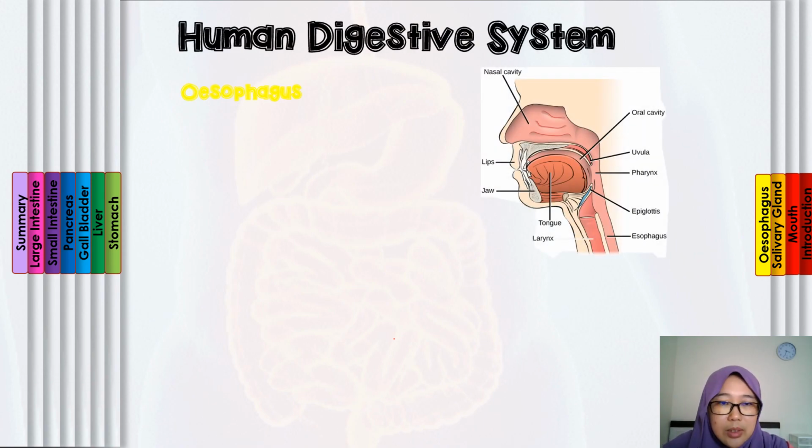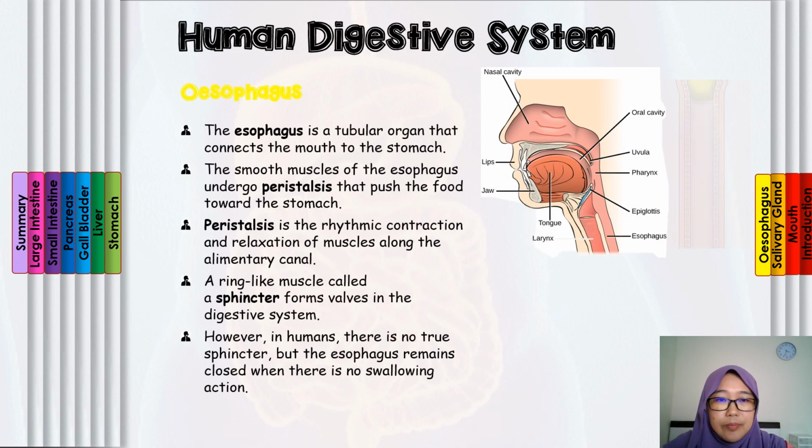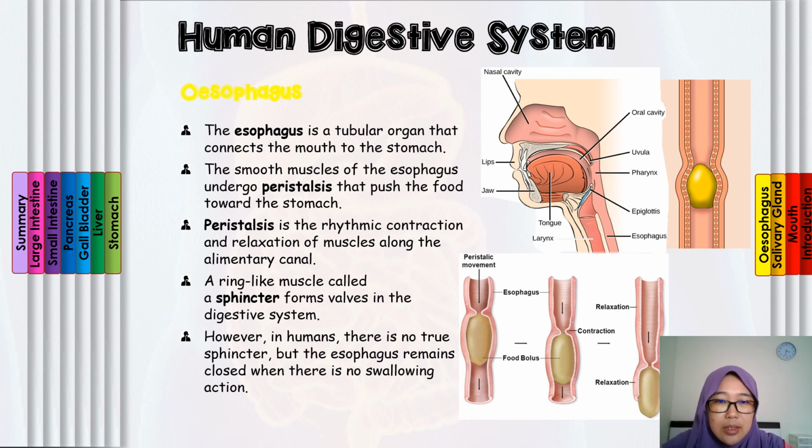The third organ is the esophagus. Esophagus is a tubular organ that connects the mouth to the stomach. The smooth muscles of the esophagus undergo peristalsis that pushes the food towards the stomach.